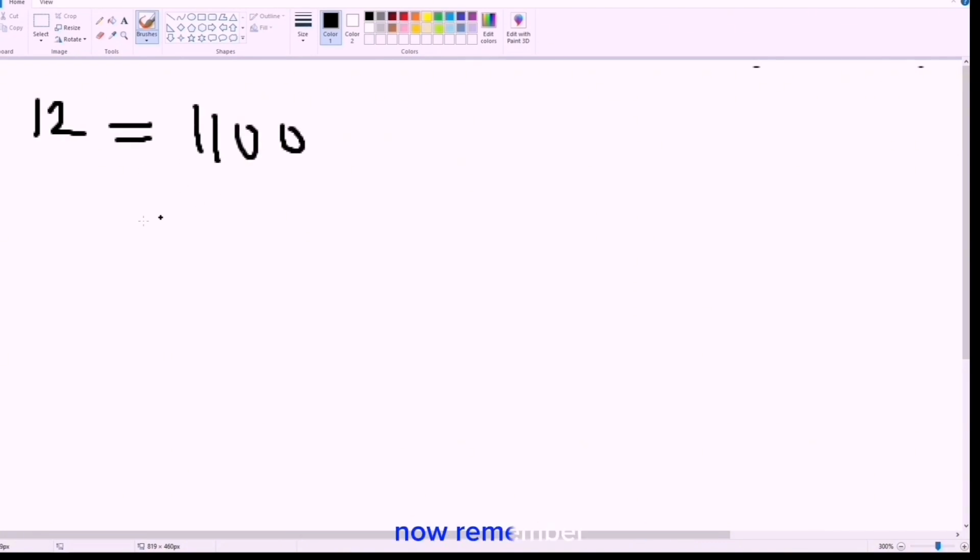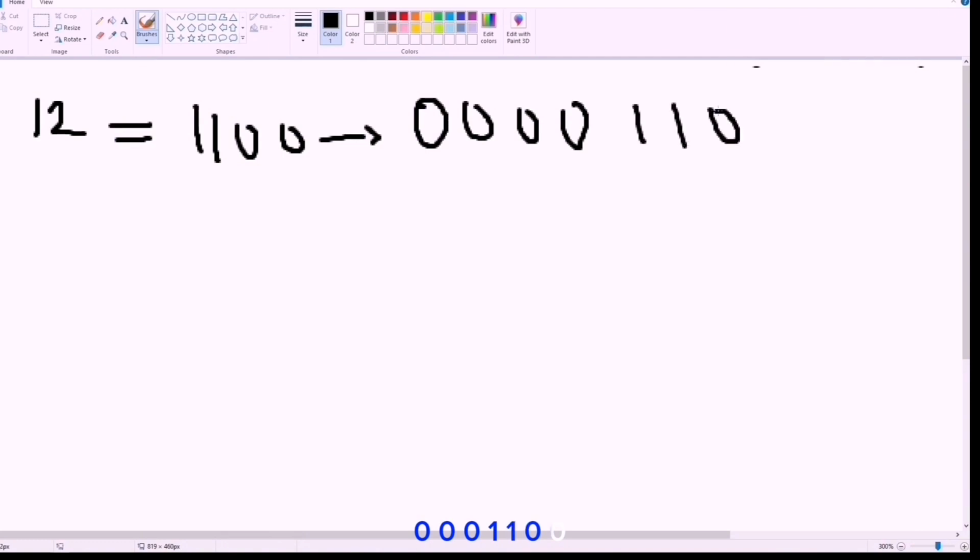Now, remember I told you that our 32-bit machine sees this as 0, 0, 0, 0, 1, 1, 0, and 0.